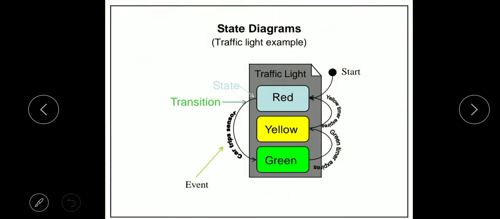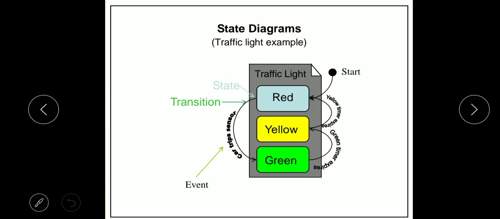Now, this is an example of a state chart diagram of a traffic light system, what we used to see while crossing the roads. Usually there are three types of lights in the traffic signal, that is red, yellow, and green.